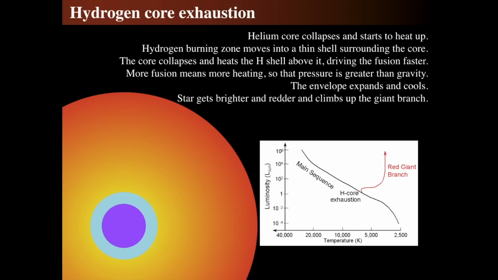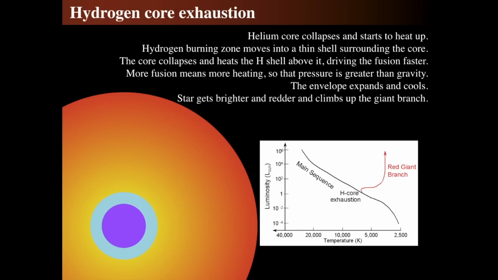The helium core collapses, meaning it starts to get smaller and smaller, and it heats up. It heats up extraordinarily rapidly, but it does not actually ignite helium fusion. The hydrogen burns in a zone around the core. It's a very thin shell around it because there's no hydrogen left in the core. That means there's less of a volume where the fusion is occurring, so in order to produce the heat and stay in equilibrium, it has to go faster.